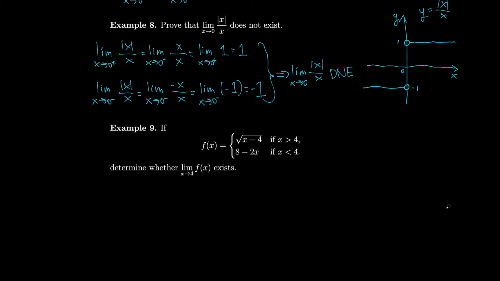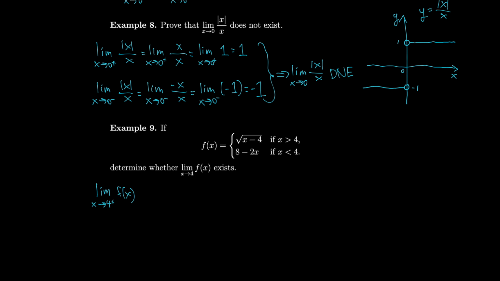Let's say f of x equals square root of x minus 4 when x is greater than 4, and 8 minus 2x when x is less than 4. Let's determine whether this limit exists. Again, whenever we see these piecewise functions, it's usually a good idea, when they're defined at the piece where our limit is being taken, to look at the left and right-sided limits.